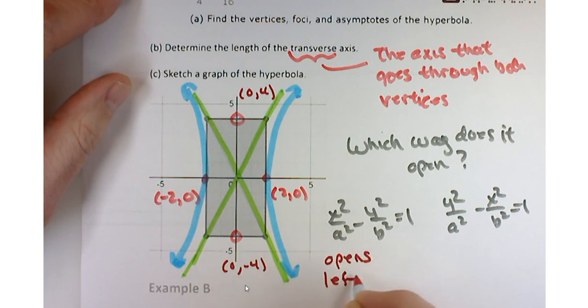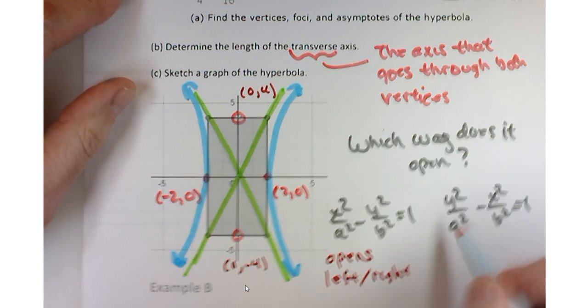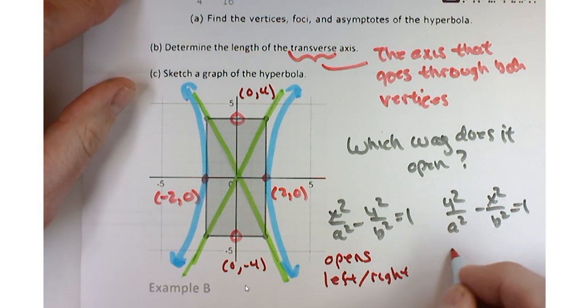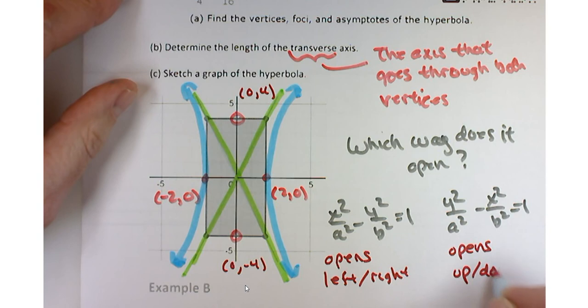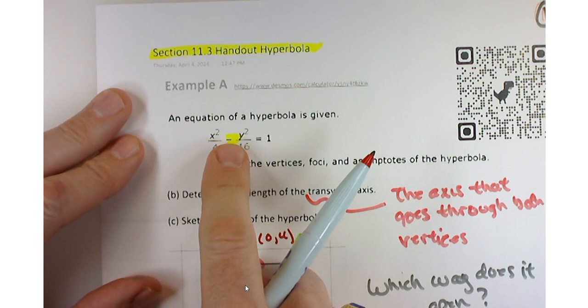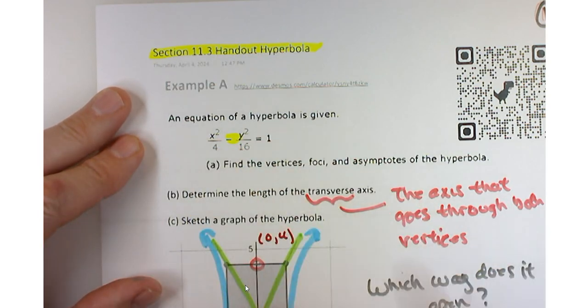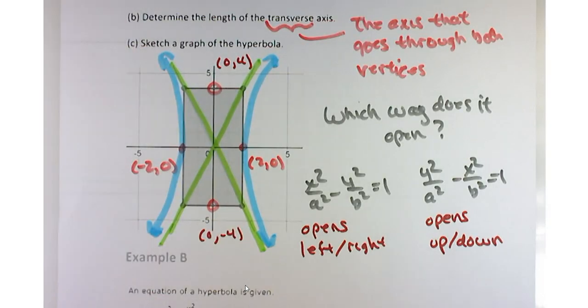If the y squared term goes first and is positive, then it's going to open up and down. So in this problem, if I would have had a plus y squared over 16 minus x squared over 4, then this thing would have been opening up and down as opposed to opening left and right. Nice. So there's our graph, and looking good on that one.